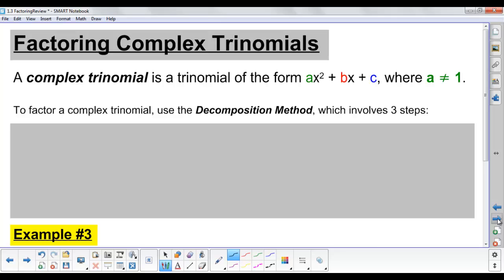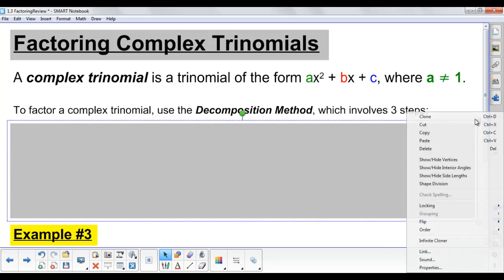Now we're going to work with complex trinomials. They're basically in the same form as a simple trinomial, except this time there is a number in front of x squared that you cannot common factor out. There are 3 steps.